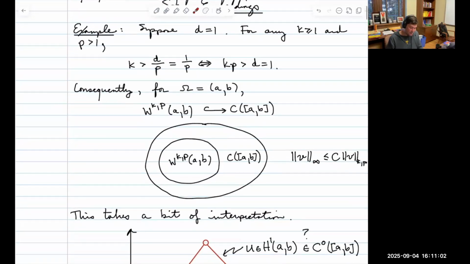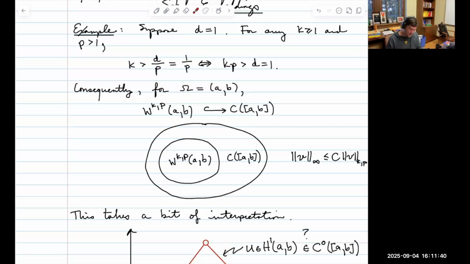But in this case, we're in that last case, case 3, where K and P are large enough so that W^{K,P} embeds into the continuous functions. What this means is that the W^{K,P} space of an interval, in this case a finite interval, because we're interested in the case where the set is open, bounded and has a Lipschitz boundary, and in one dimension it suffices just to consider a very simple interval.